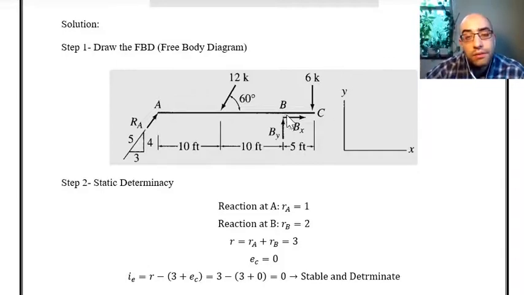Then I have the moment because of reaction at point B, and this moment will be just By. Bx is crossing the point. As you can see, there is no distance between Bx and the C, so there is no moment because of Bx, but By has 5 feet distance to point C. The moment will be By multiplied by 5, and it will be negative because it will create a clockwise moment.